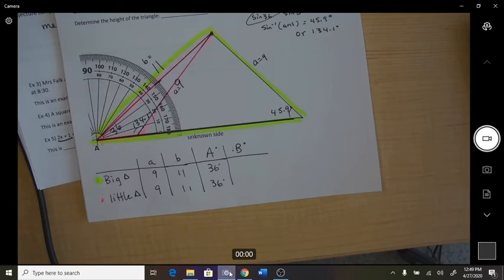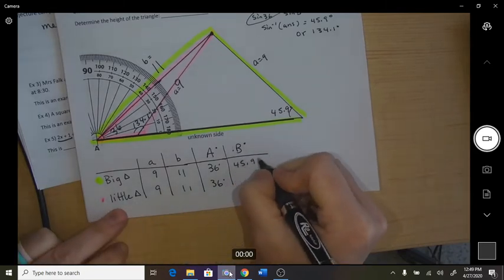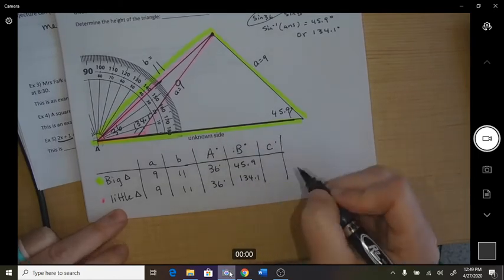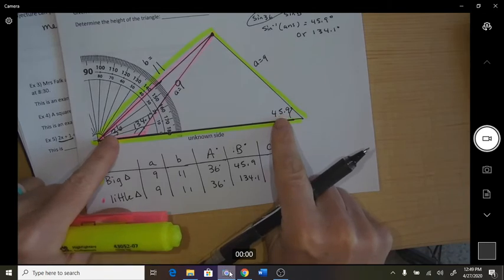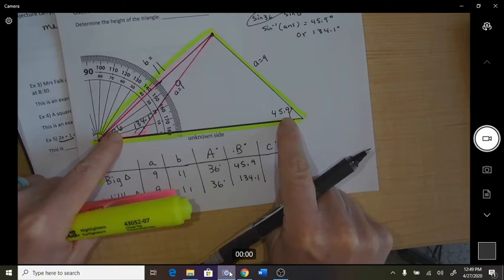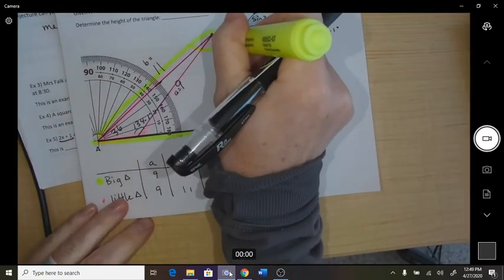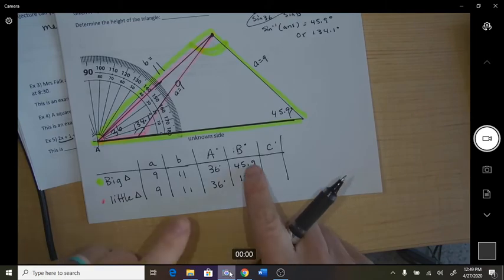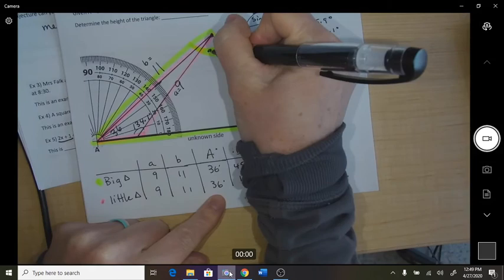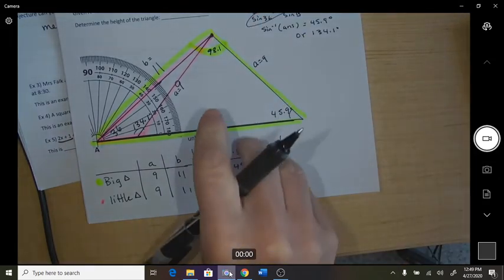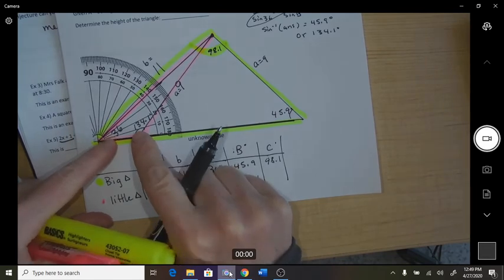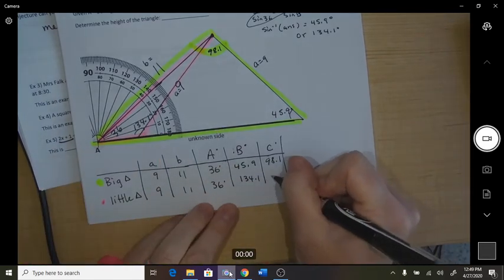So angle B in the yellow triangle, in the pink triangle. Now angle C. So angle C in the yellow would be 180 minus 36 minus 45.9. So this top angle, 180 minus those two is 98.1 degrees. Okay, now if I cover that up and just look at the pink triangle, 180 minus 36 and 134 leaves me with 9.9 degrees.